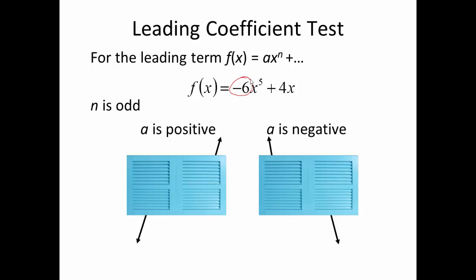So the negative 6 tells you it's negative. Since it's negative, it's going to go like this. It's going to look like a negative slope line. Because this is odd, they're going to go in opposite directions like a line.